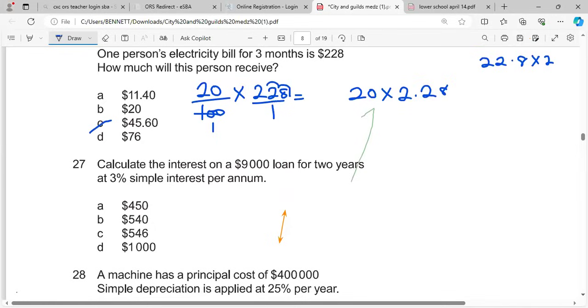All right, this is the first one everyone is doing, this one though. Calculate the simple interest on a loan for 2 years at 3% simple interest per annum. So, who wants to take on this one, or should I just continue?